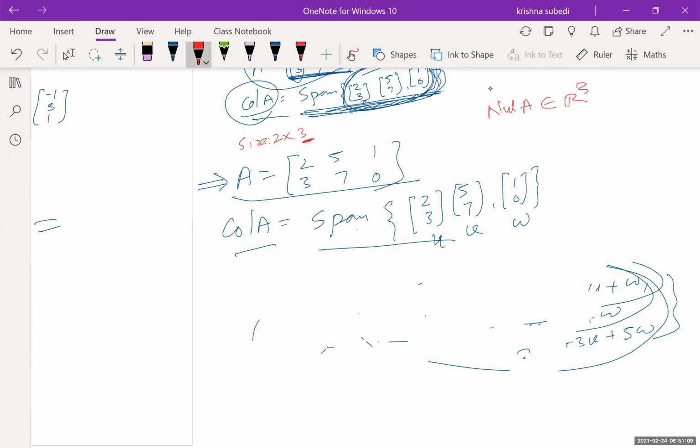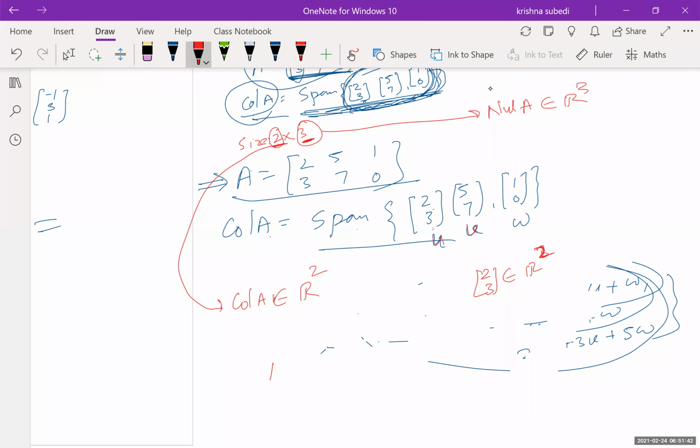Now let us look at what the column space is here. The column space of A is a subspace. Look at the vector u, v, w. This u has two entries, 2 and 3, so it belongs to R2, not R3. Therefore the column space of A is a subspace of R2. See that. Just keep that in mind.